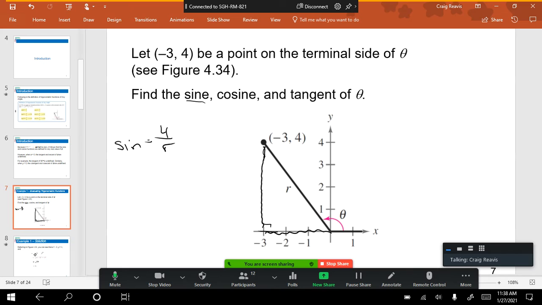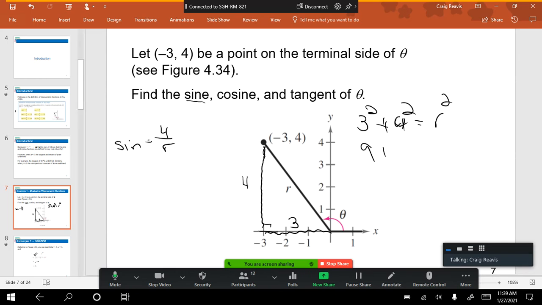We know the y here is 4. We know the x is -3, or we don't put -3 there because the length of that triangle is actually 3, right? So now we can use Pythagorean's theorem. 3 squared plus 4 squared is equal to that radius squared.